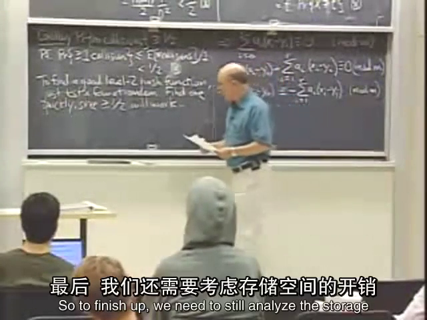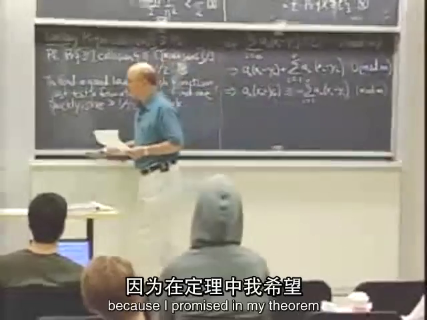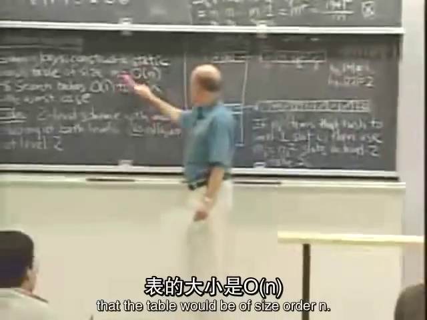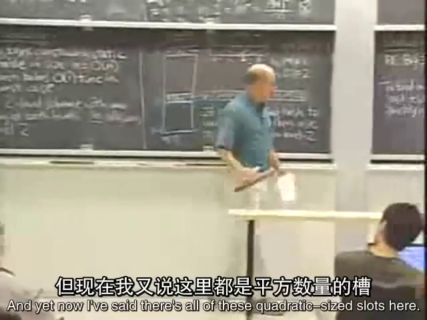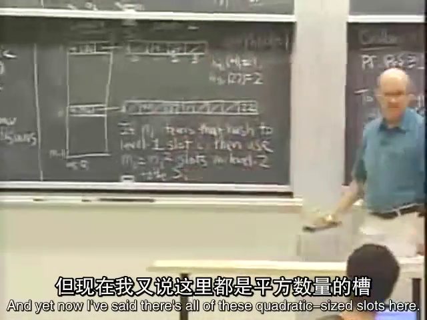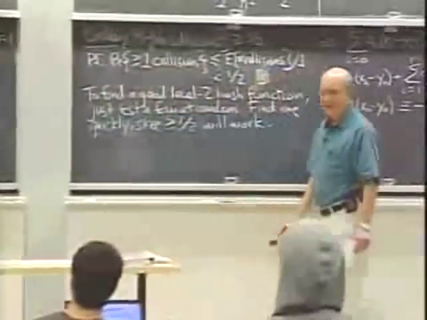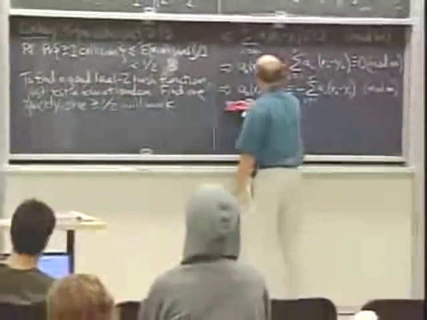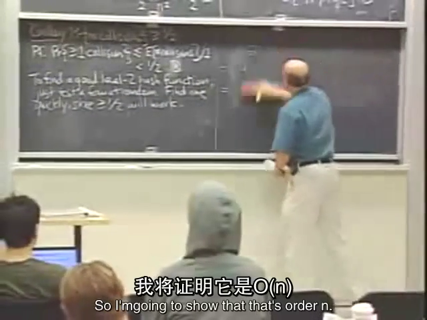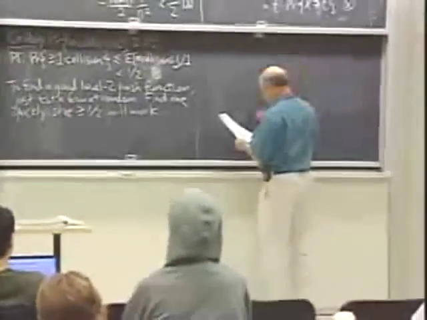Okay, so to finish up, we need to still analyze the storage, because I promised in my theorem that the table would be of size order n. And yet now I've said there's all of these quadratic-sized slots here. So I've got to show that that's order n.